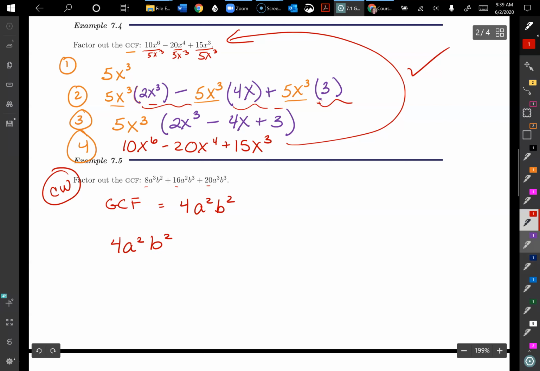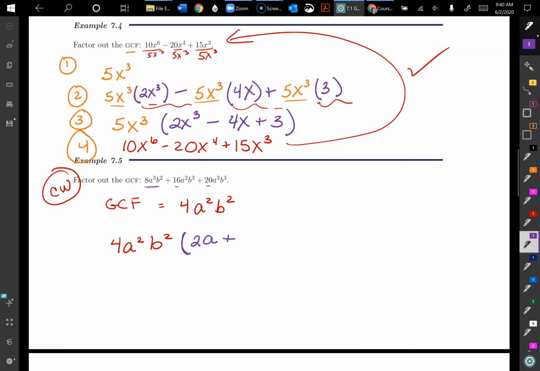And I'm going to show you how to skip over that cumbersome second step. You can just jump right here. I just set up my parentheses here. So I think 4a squared b squared times what gives me 8a cubed b squared. So that would be 2, and an a, and the b squared's all set. Then carry down my plus.